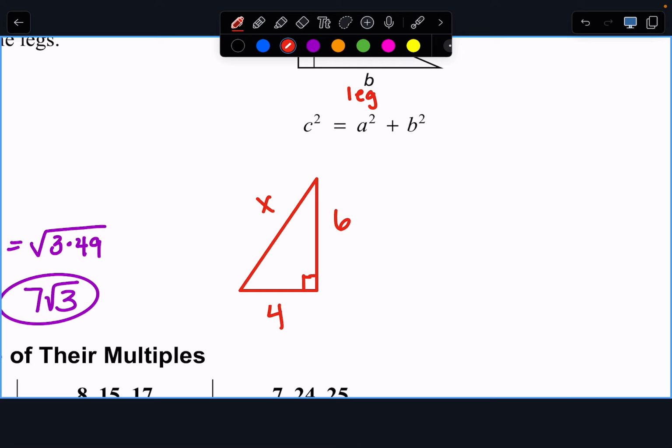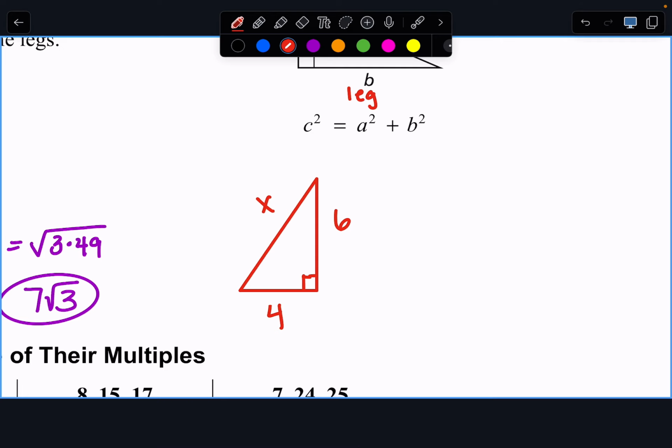6 squared plus 4 squared is 52. 4 times 13.